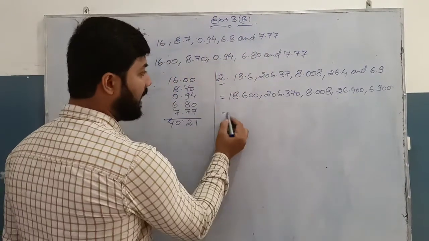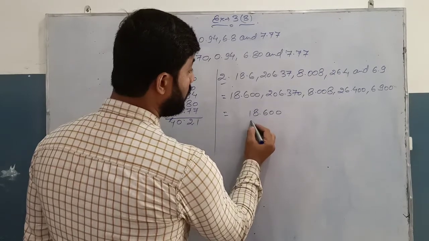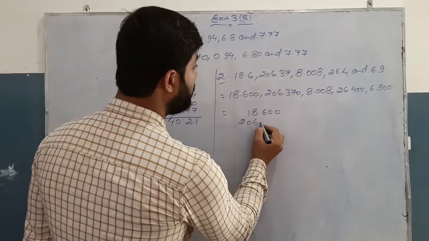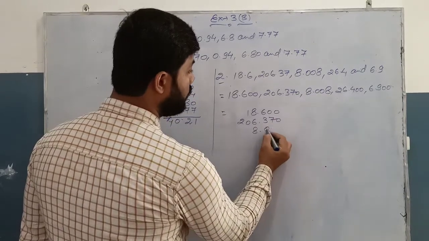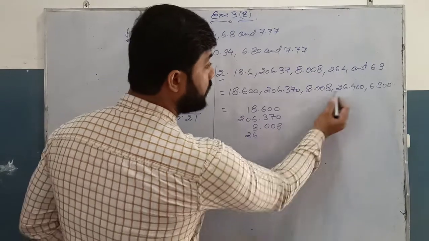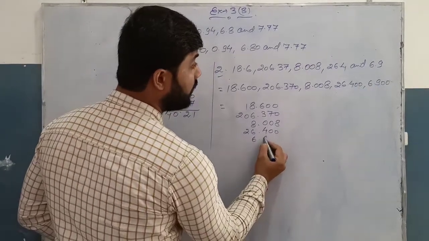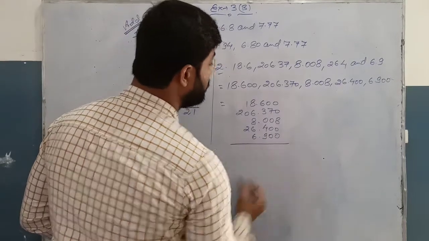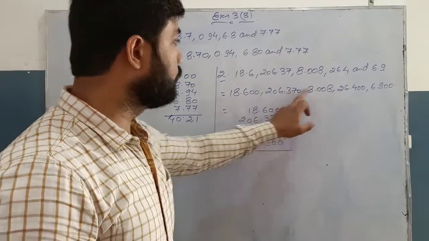Now we will add them. 18.600, 206.370, 8.008, 26.400 and 6.900.